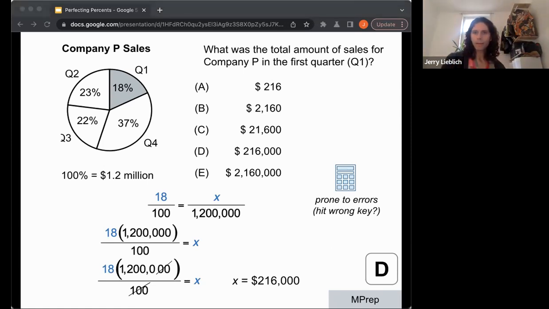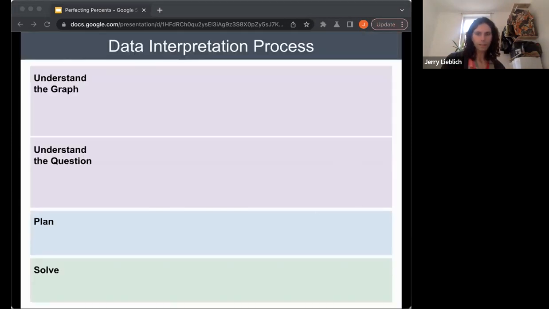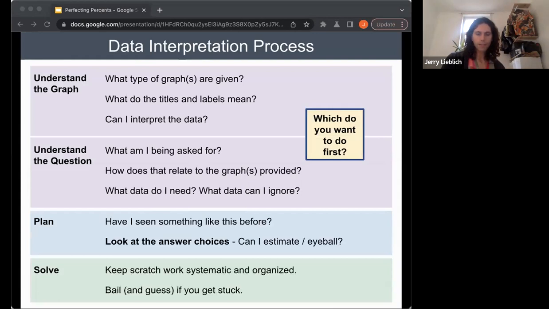So I had a request to go back to my slide about the data interpretation process. I'll put that back up in case there was anything you wanted to copy down here. This was the one you wanted to see, right?